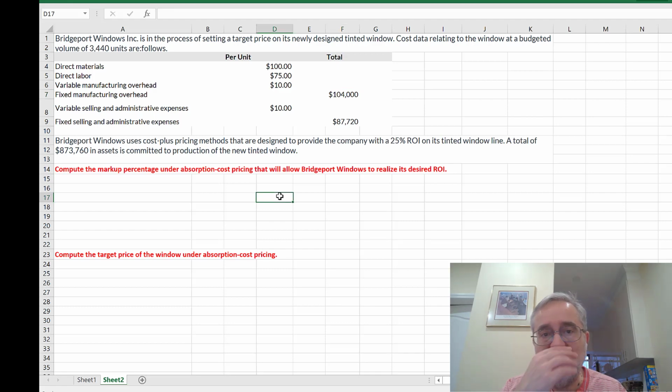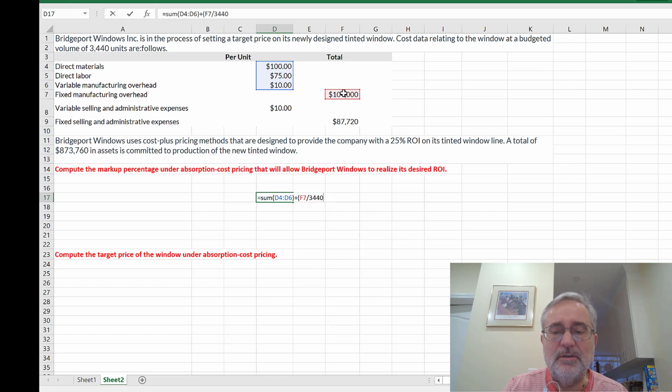The first thing we want to do is sum the variable manufacturing cost, and then add to this the fixed cost, but we want to divide the fixed cost by the number of units, which is 3,440.